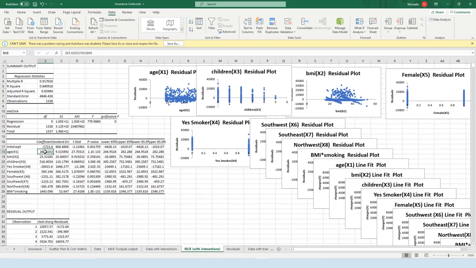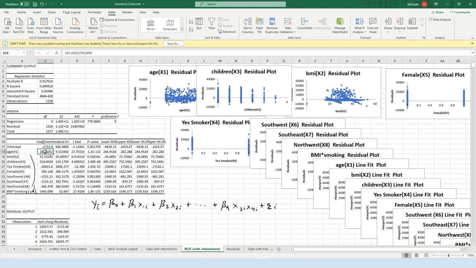We'll start with this age coefficient here. Remember our model: y, which is the insurance cost, equals the intercept plus beta 1 times the age for the ith person plus beta 2 times the BMI for the ith person, and so on through beta 9, which is our interaction term between BMI, X2, and smoking, X4.